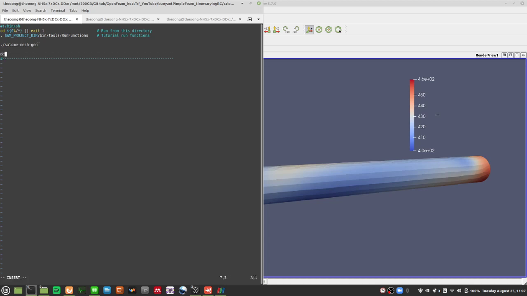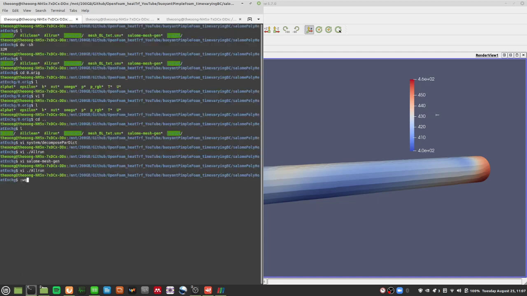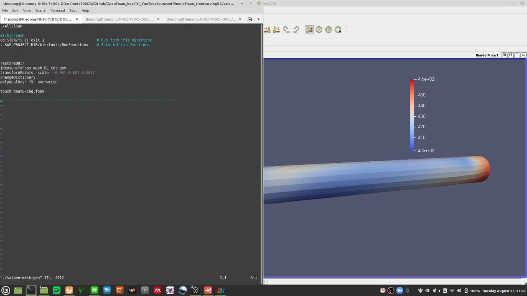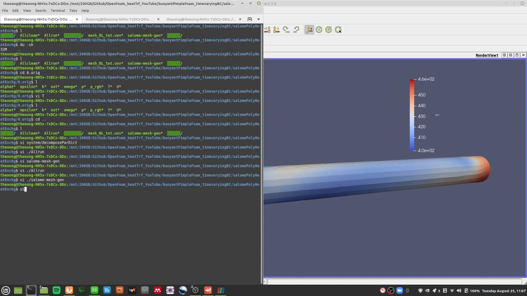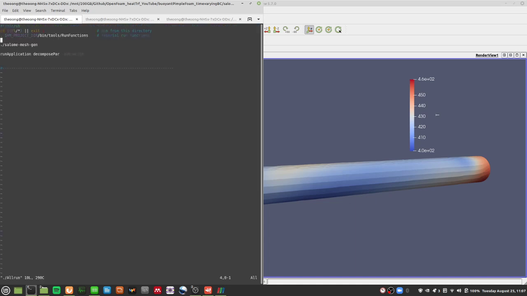Then I put the runApplication decomposePar override. Okay, and before that, let me see. Salome mesh gen. Oh, that comes with the Allclean at the beginning, so that's fine. Allrun.